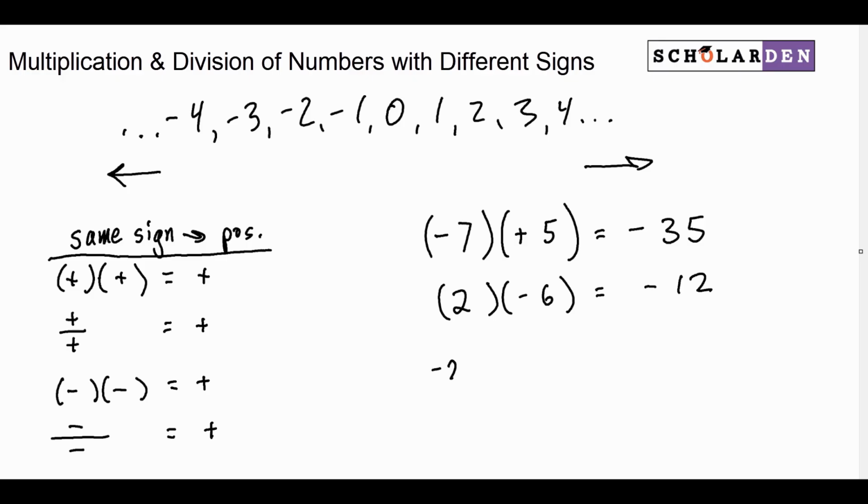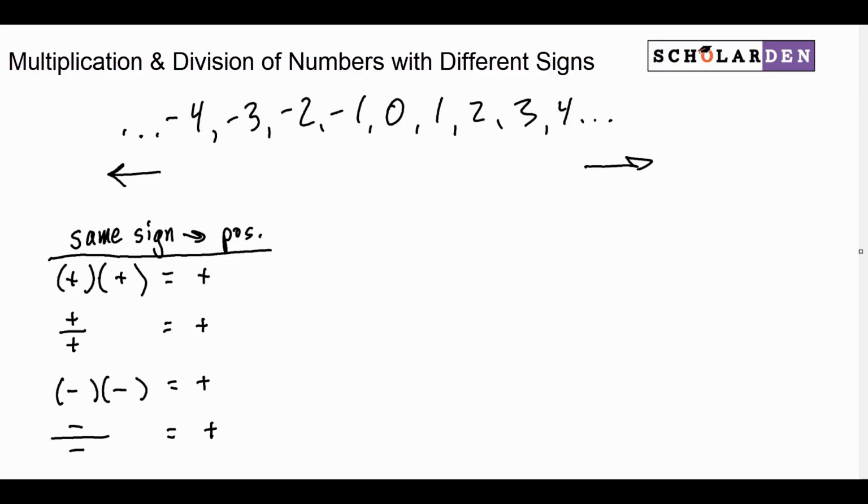A -24 divided by a positive 3 is a -8. And it doesn't matter if the positive is on top. So for instance, positive 20 divided by -4 is a -5. Okay, so lesson there. Different signs, when you multiply or divide, you get a negative.